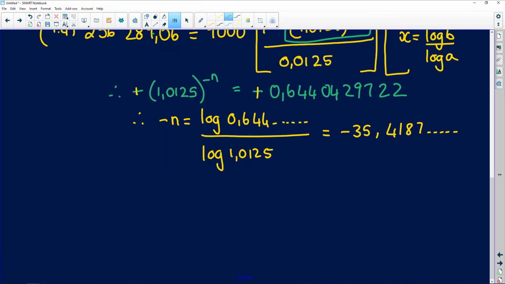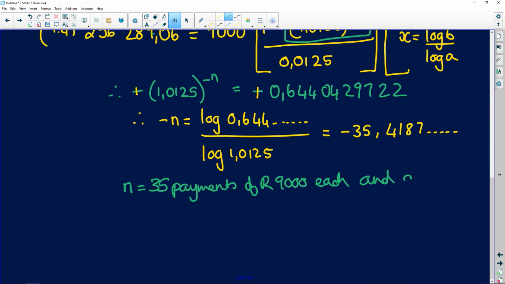What does this answer mean? This tells you that there will be 35 payments of 9,000 Rand each and a 36th payment which is less than that 9,000.